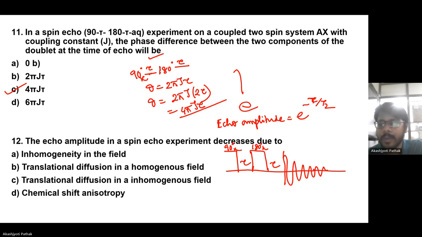We see that with time the amplitude gets decreased. We just now discussed that it is because of translational diffusion in an inhomogeneous field.